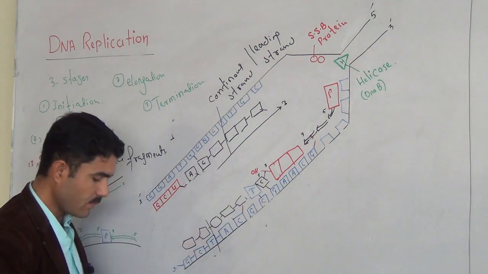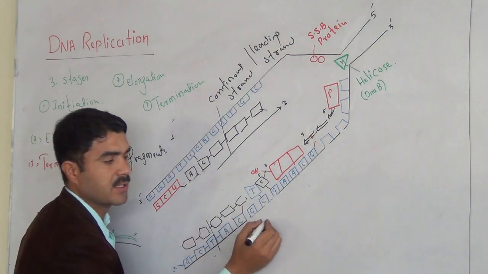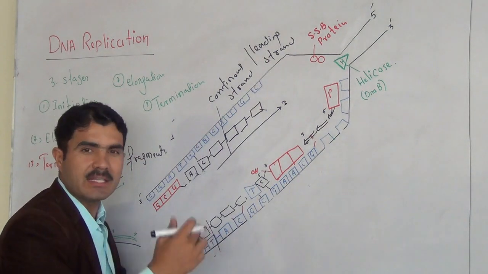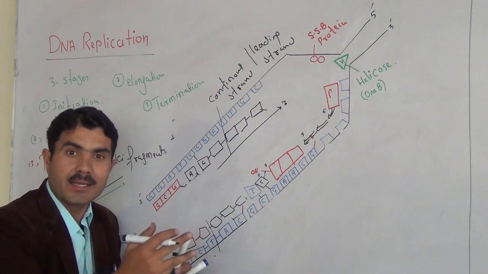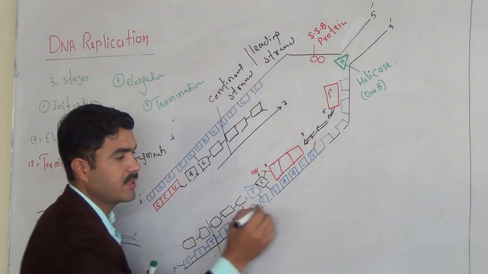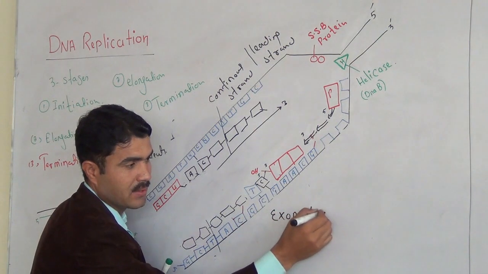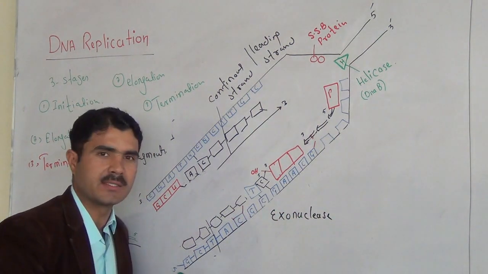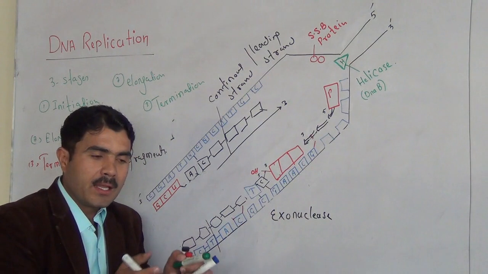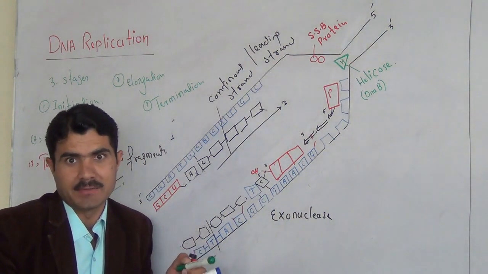The DNA polymerase 3 has its cleavage action as well, means it can break. We call it the exonuclease action. What does it mean by exonuclease? The breakdown of the DNA is called the nuclease activity.